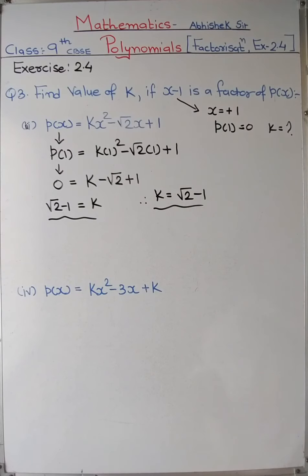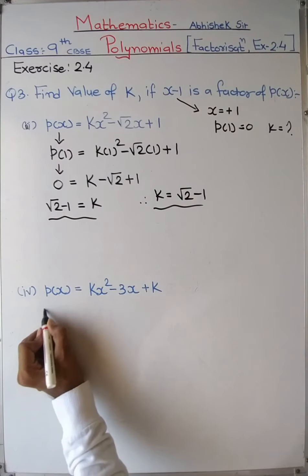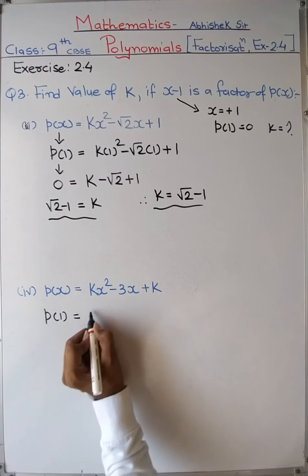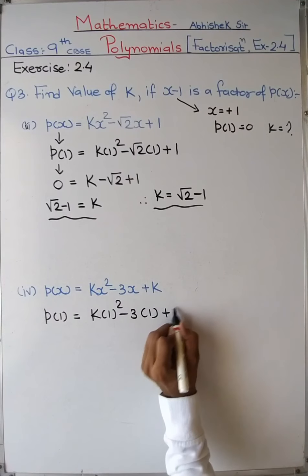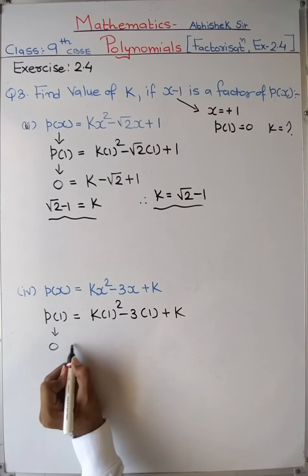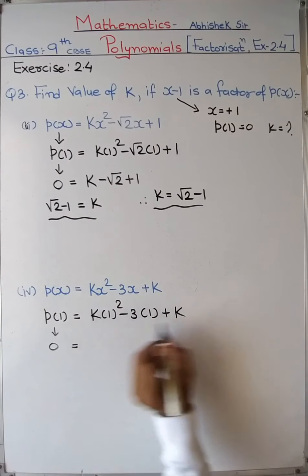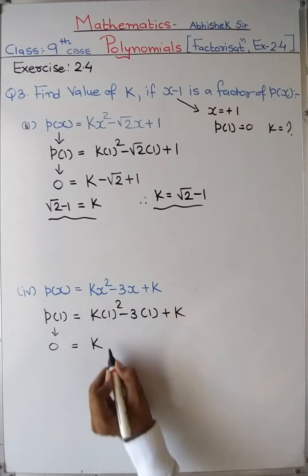Moving on to the next question, that is p of x, kx square minus 3x plus k. Again following the same thing, p of 1, k into 1 square minus 3 into 1 plus k. Here we have to follow the same rule even if there are two terms related to k. Alright, so here we see that k into 1 square is k.